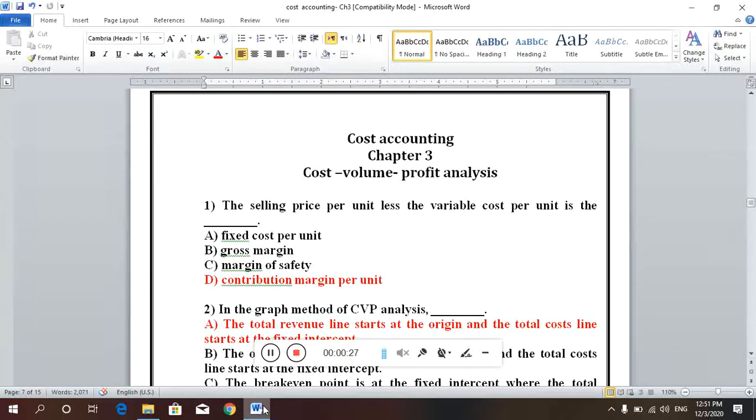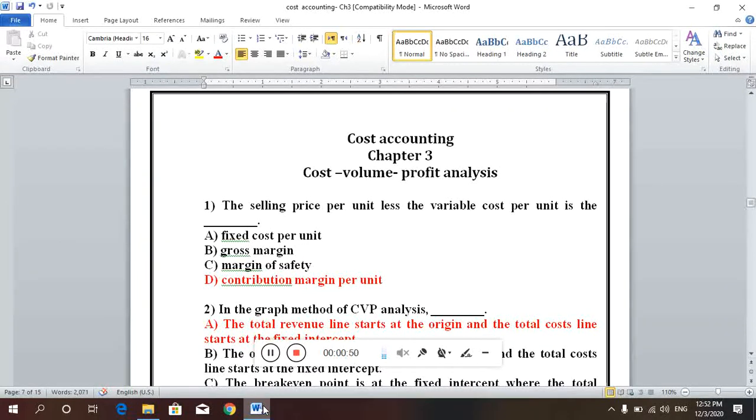In our first section in this chapter we talked about many definitions, and we talked about many assumptions related to the CVP analysis. I hope that you understand those assumptions clearly.